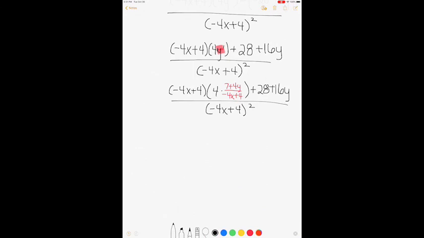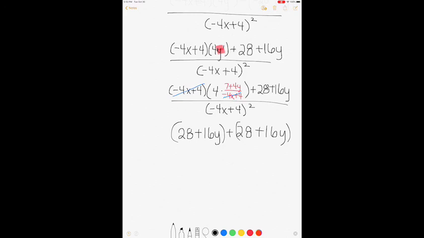Okay, let's see, what can I do here? Well, I see I've got all multiplication, so I can cancel out these guys. And then I can distribute that 4, and that'll become 28 plus 16y plus another 28 plus 16y.